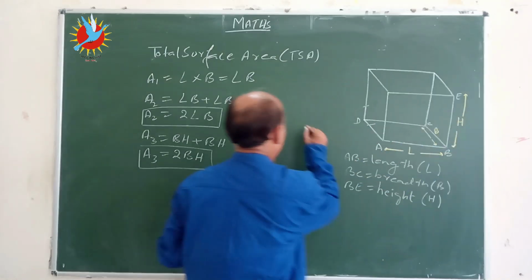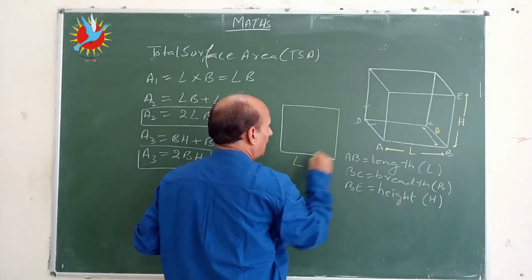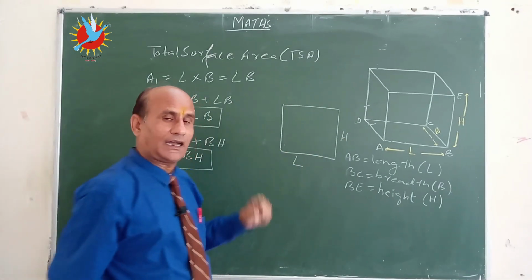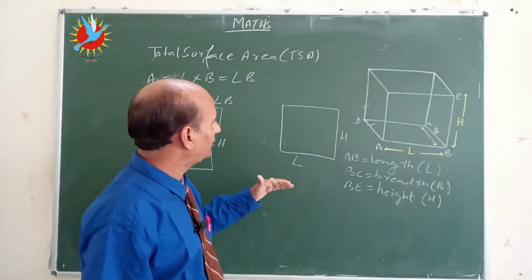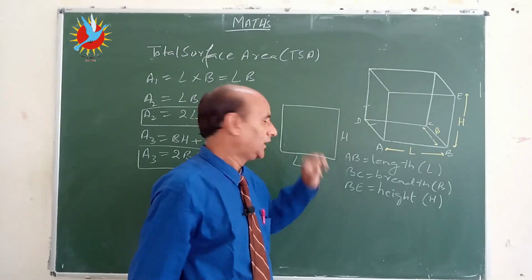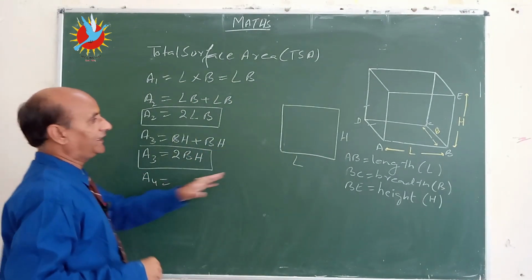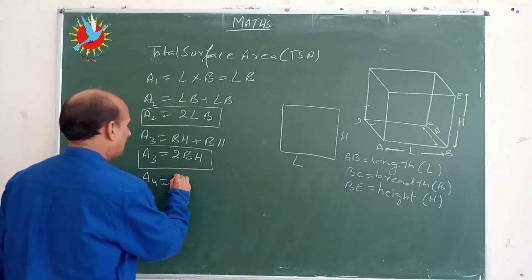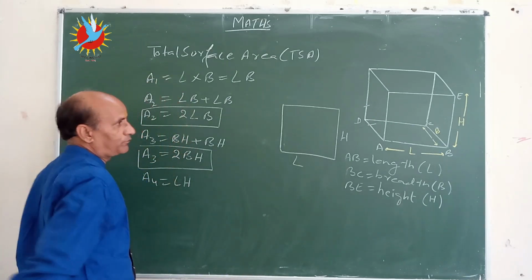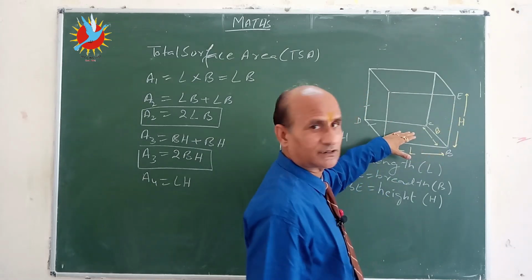Again it is in the form of a rectangle, and the area of the rectangle is length multiplied by height. Let us consider its area as A4. Now the area of this surface is length into height.